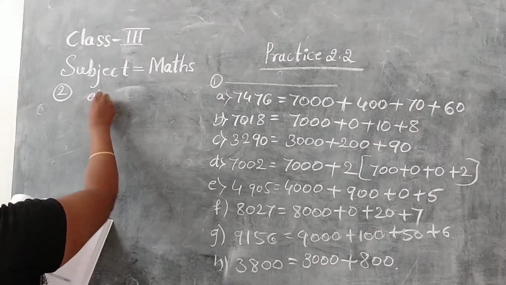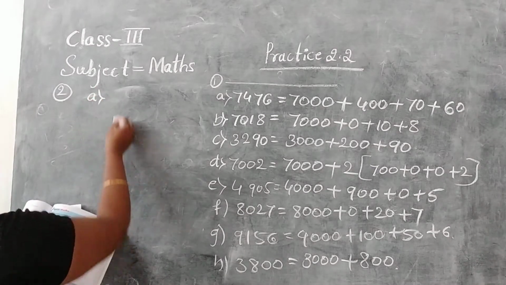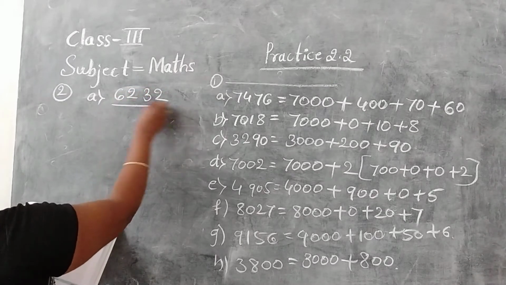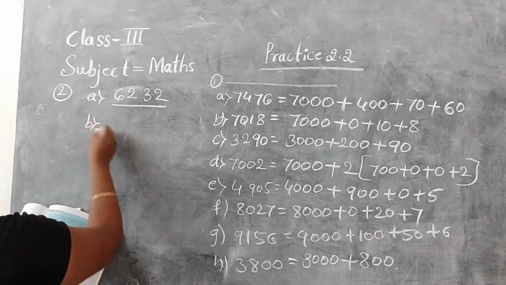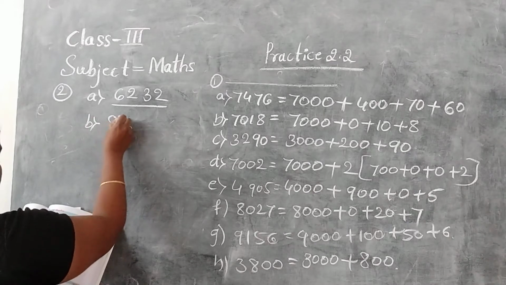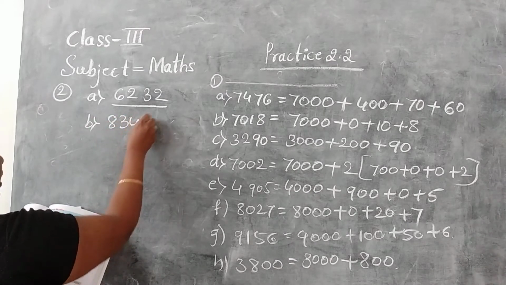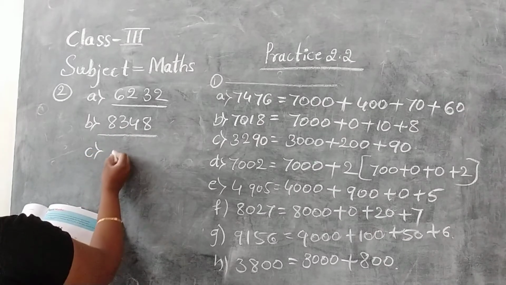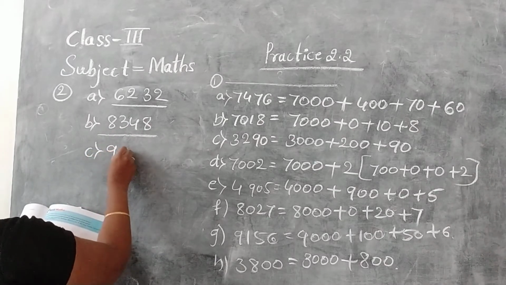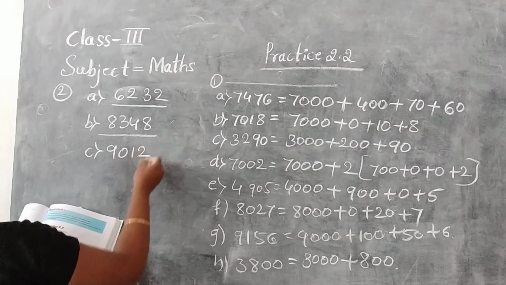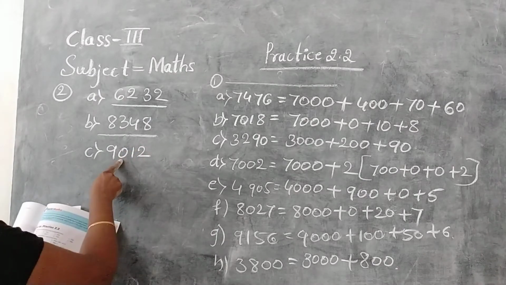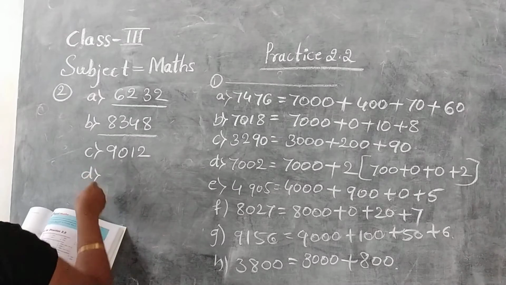A. 6,232. B. 8,348. C. 9,012. Because there is nothing in the hundreds place, 0 will be there in the hundreds place.